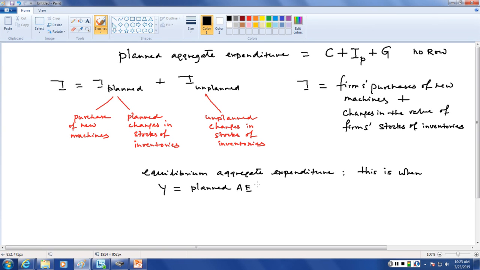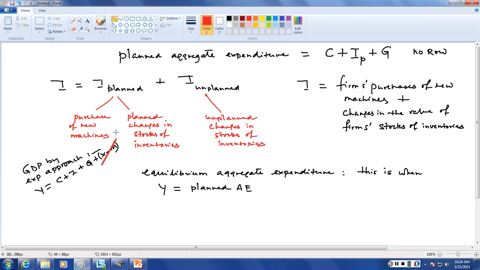Now, we know that GDP by the expenditure approach. I'd like you to recall what GDP by the expenditure approach was. Y was equal to C plus I plus G plus X minus M. Is that correct? Of course, in our story here, we don't have X minus M because there is no rest of the world, right? So Y is equal to C plus I plus G. Am I correct?